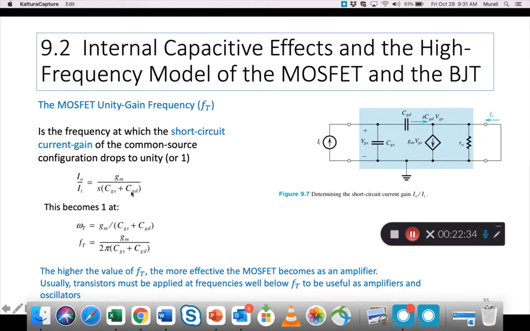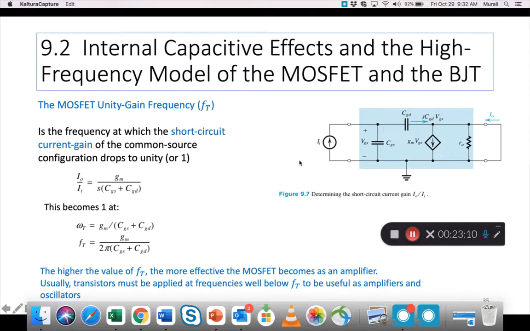That has this formula, and this becomes 1 at a certain frequency, and that frequency Ft is the transconductance divided by, of course, 2 pi, but in parentheses here in brackets, CGS and CGD. So this property Ft is a natural property of a MOSFET, and it defines the highest possible value of your frequency of operation.